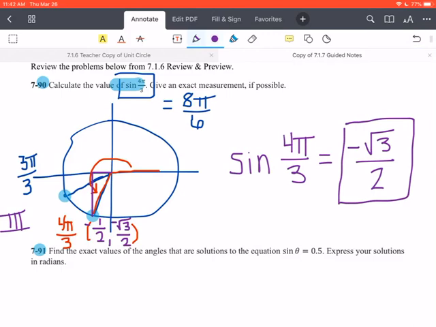Now, how can you check your answer? You can always go to your calculator and make sure you're in radian mode and type in sine of 4 pi over 3, putting that 4 pi in parentheses if you're not using the fraction button. Then go ahead and type in negative root 3 over 2.